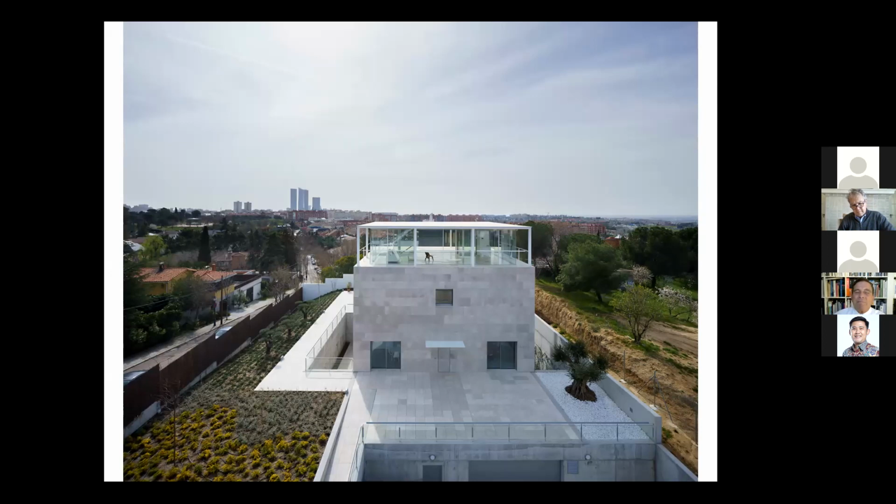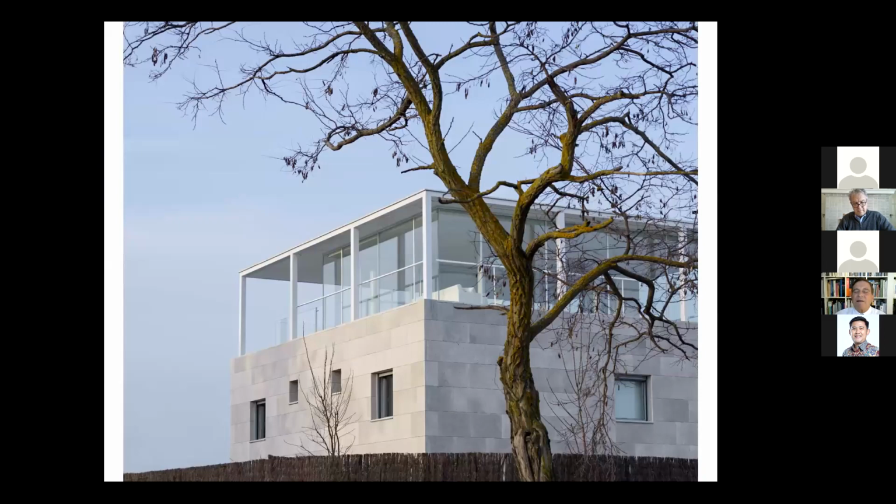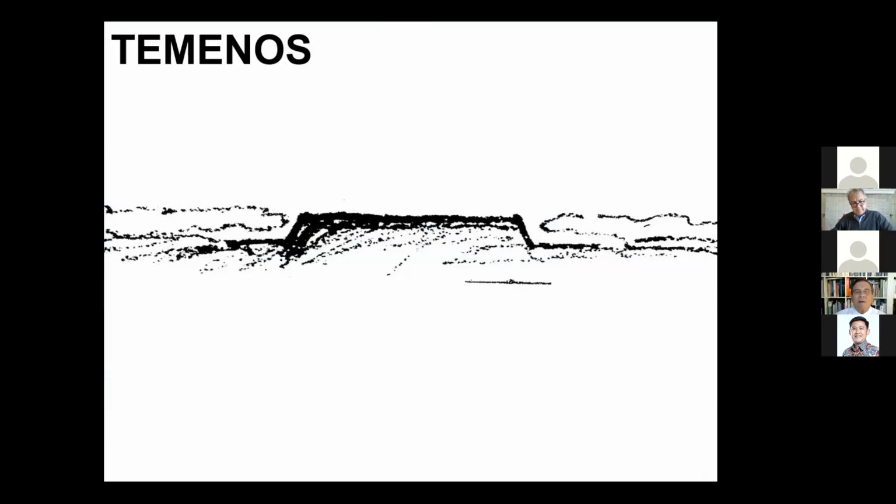But the story is very long. We are on the top of a hill, and it's very special. You can dominate, control the 360 degrees, not only the city but the mountains and so on. And the podium is made in stone, and the top is glass. And then a temenos.